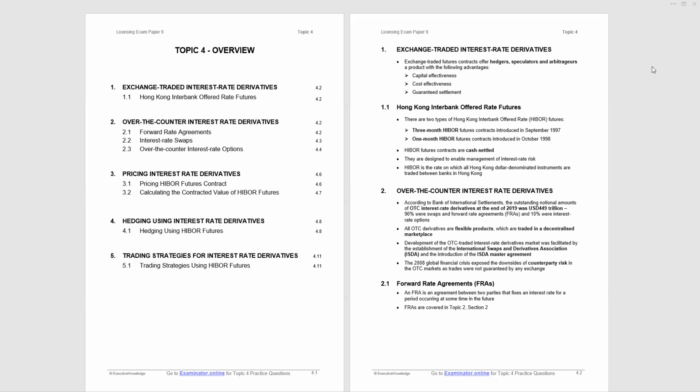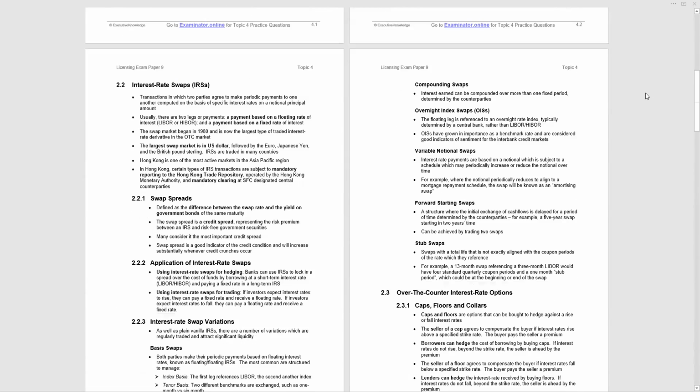Forward rate agreements, an agreement between two parties fixing an interest rate for a specific period of time, that was dealt with in great detail in topic 2, section 2. So we're not going to spend any time on that in topic 4.